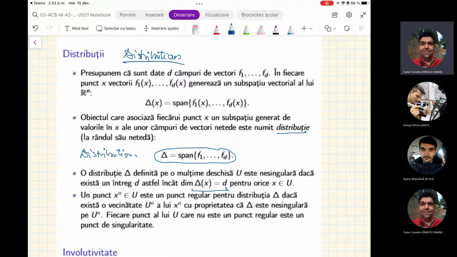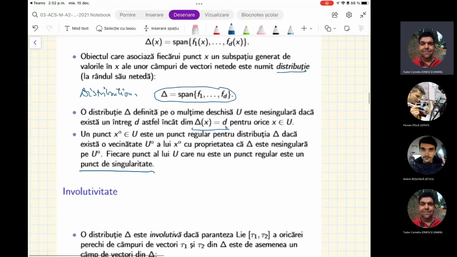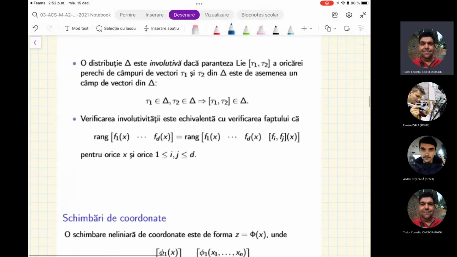Each point in U which is not a regular point is called a singularity point or a singularity. So we have these interesting definitions.